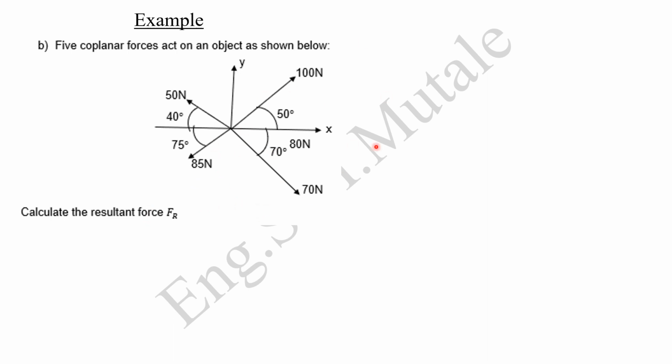For us to calculate that, we'll do what we did, except if you look at the angles, not all angles are coming from the positive x-axis. So we're supposed to find those angles from the positive x-axis to where the force is. So x-axis is there, and there we had a force of 80 newtons. Obviously, it's acting at 0 degrees because it's on the x-axis. Then we've got another force there, which is 100 newtons.